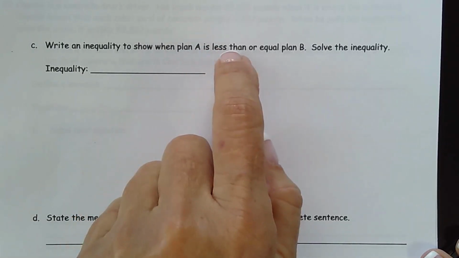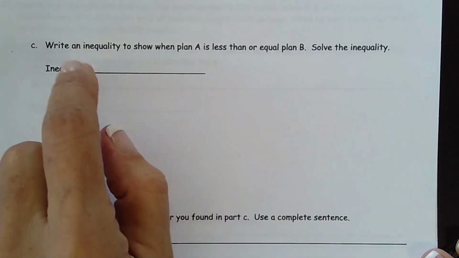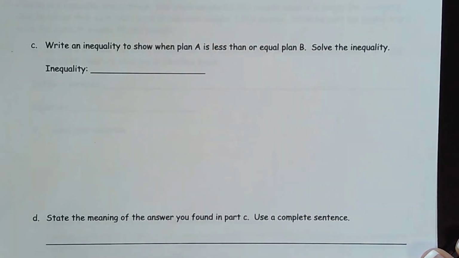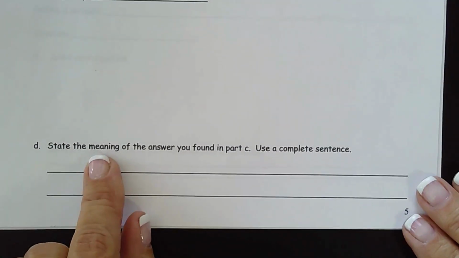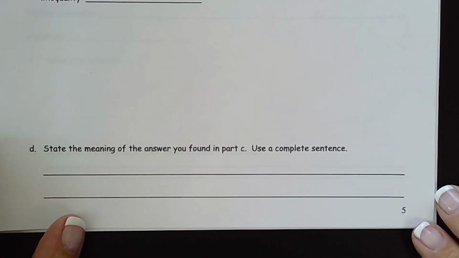Plan A is less than or equal to plan B. So you use your expressions from above and do a direct translation. And then last, just like we did on the other one, state the meaning in complete sentences.